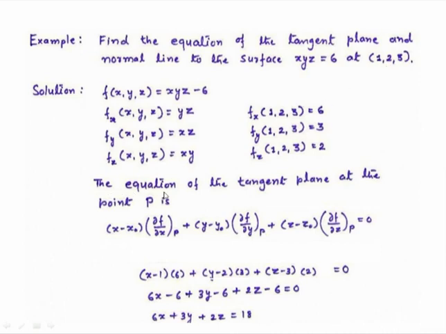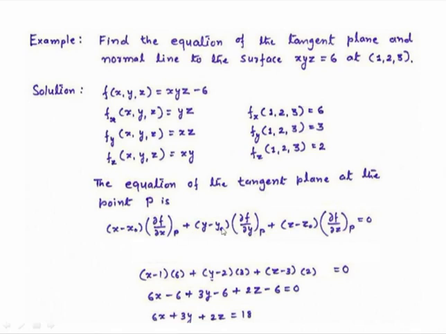Now we know that the equation of the tangent plane at the point P (1, 2, 3) is (x - x0) del f by del x at the point (1, 2, 3) plus (y - y0) del f by del y at the point (1, 2, 3) plus (z - z0) del f by del z at the point (1, 2, 3) is equal to 0.